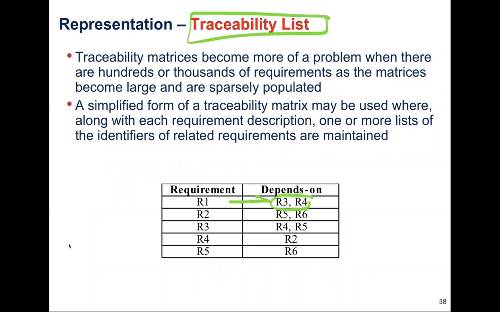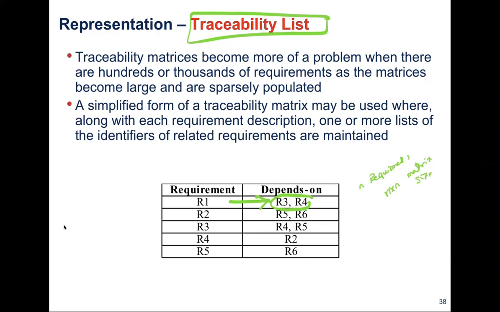I would say requirement 1 depends on R3 or R2. I don't need the entire row of the 6 requirements. I just need to store only the information needed in a list form for each requirement, without the need of creating, if we do have n requirements, an n by n matrix.